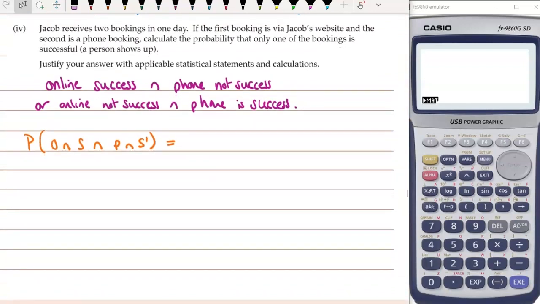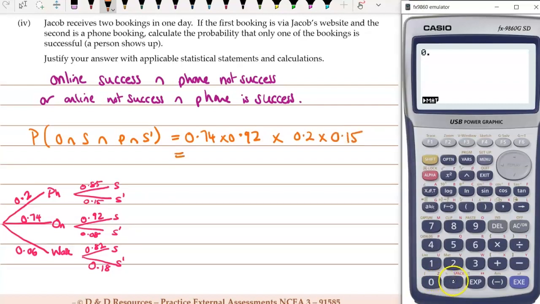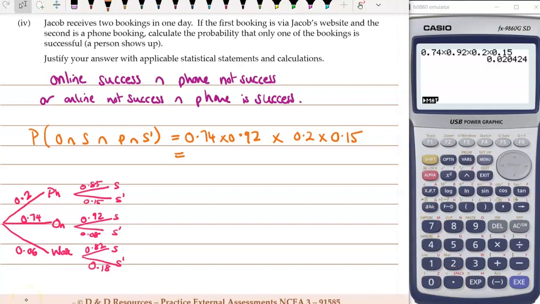Actually, I'm going to grab that tree diagram and bring it down here. There we go. So we've got online and successful, 0.74 times 0.92. And then the second one, phone and not successful, is 0.2 times 0.15. So that's 0.020424.